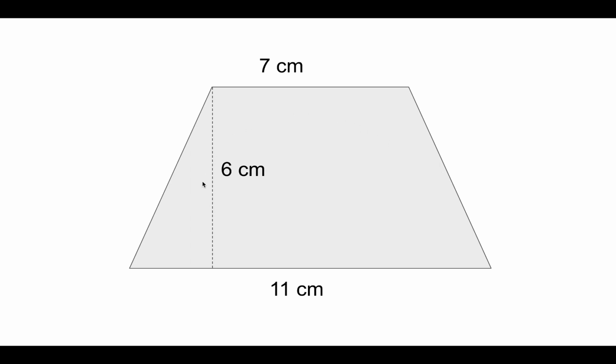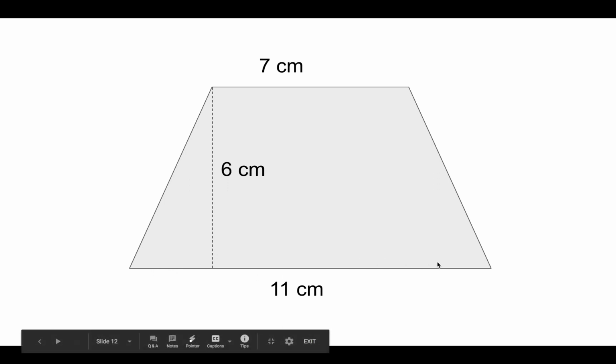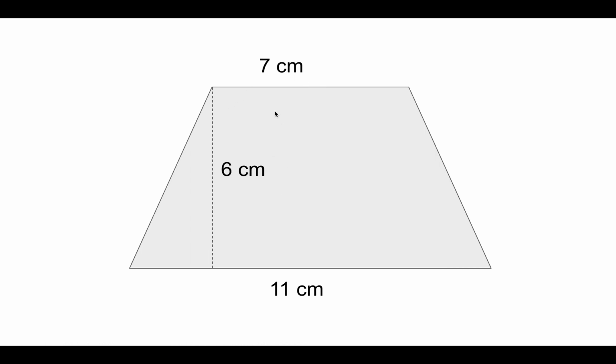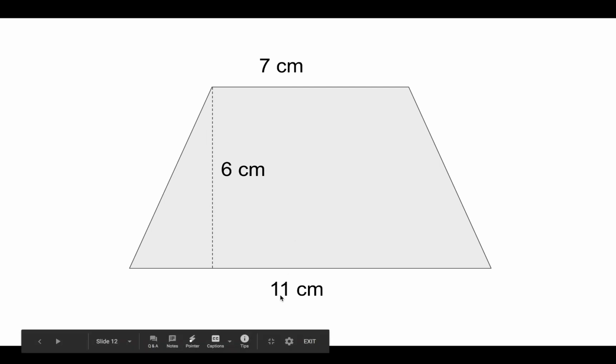So if I were to break this into triangles and rectangles, it doesn't matter how I choose to split up my sides as long as all of the pieces get included. So I could say that this 7 centimeters is centered on this 11 centimeters. And to get from 7 to 11, I need 4 extra centimeters.